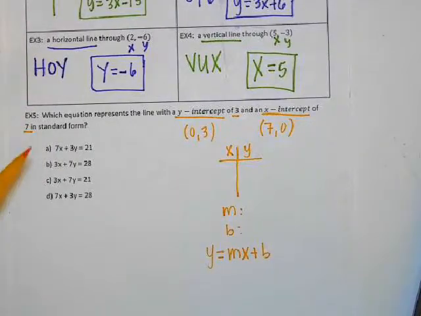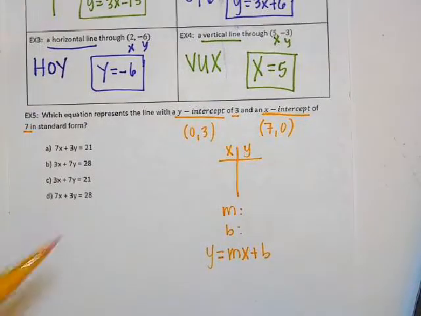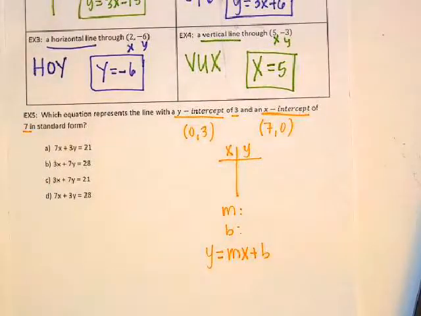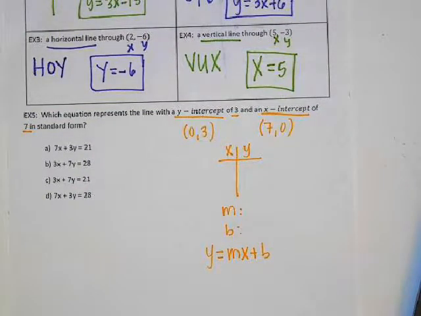What would I have to do to these equations? Are these y equals mx plus b form? No. So I would have to solve each equation for y and get it in y equals mx plus b form. Is that a lot of work? Solving 4 different equations? Yes.